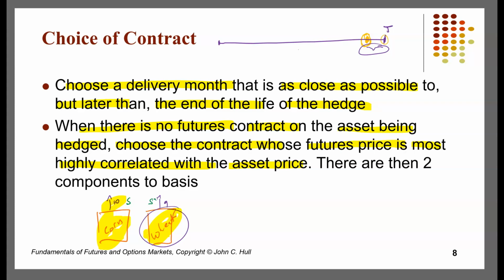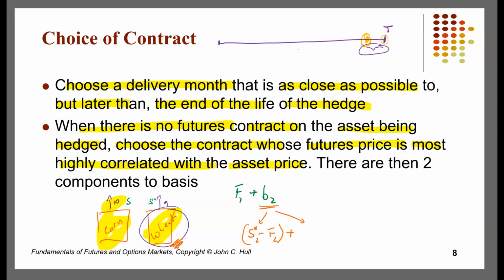So in this case, the outcome of the hedge would look something like this, where you would start the same way as you did earlier with F1. Earlier we had F1 plus the basis, right? That was what we had. Now what we're seeing here is that this basis is not simply going to be equal to what we had, S2 minus F2. Now the S2 here is going to be S2 star because that is the price of wheat. That is the basis with respect to the wheat contract. But then it's also going to include another component to the basis.